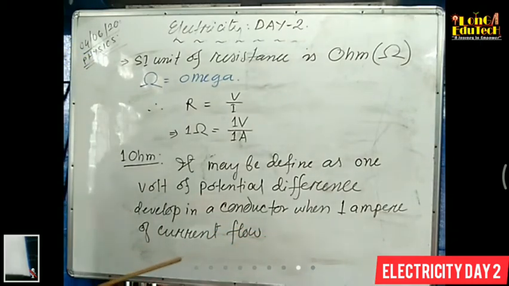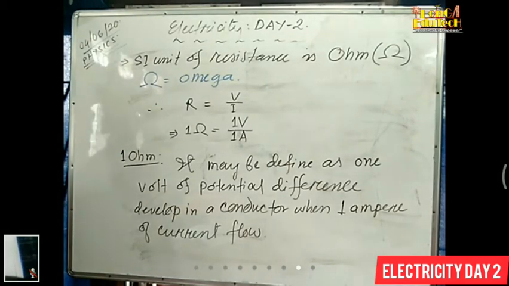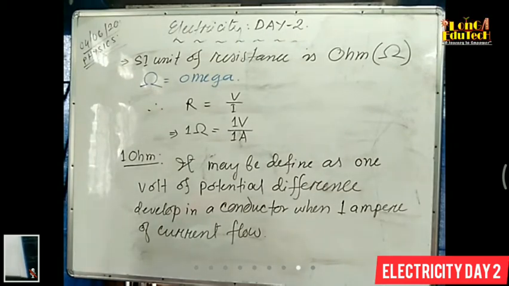So when 1 ampere of current flows in a conductor, there is 1 volt of potential difference that develops. And that simply we can define as 1 ohm.